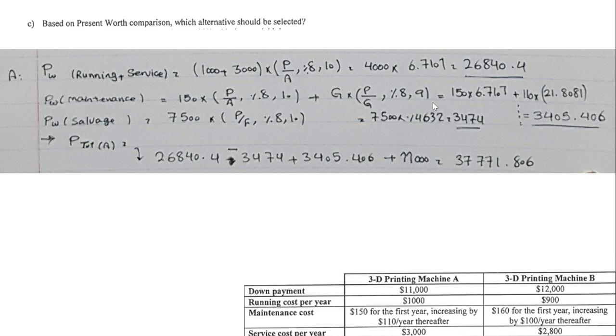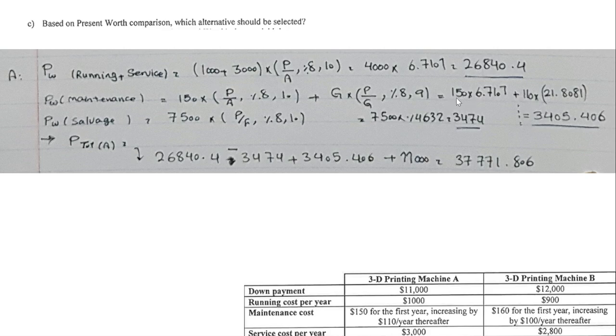So we'll find it from the compound table. From the compound table, the value would be 6.7107. Sorry, this is for the first part. The value of the gradient factor from the compound table would be 25.8081 times the gradient increment, which is 110.